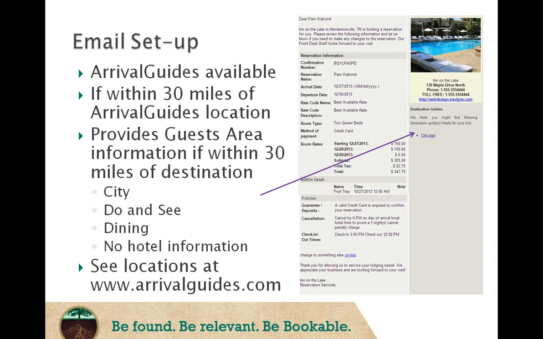Now, some arrival guides you might think would have hotel information, but obviously when we distribute an arrival guide for our properties, we have taken the hotel information, so there would never be competitive hotel information that would show up with the email setup or with your arrival guide.